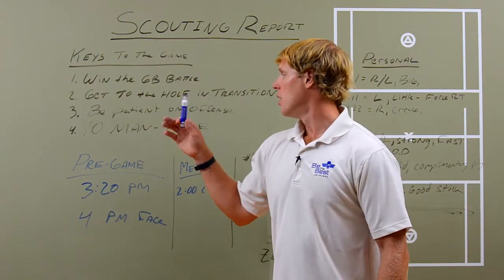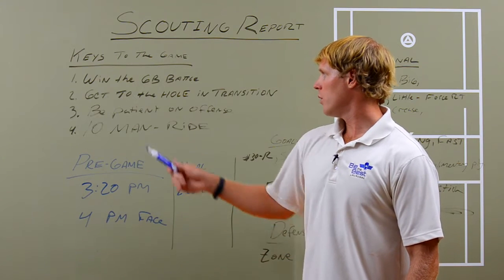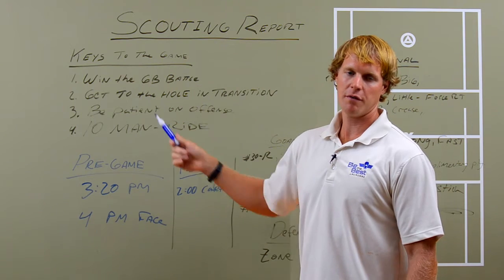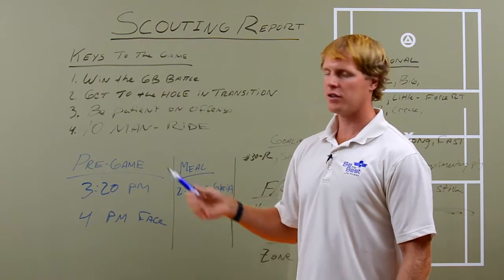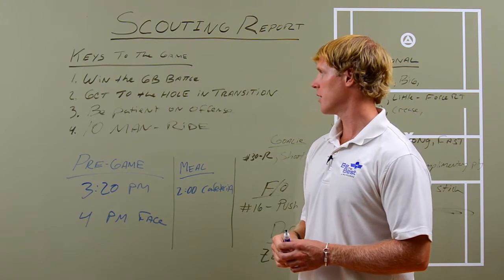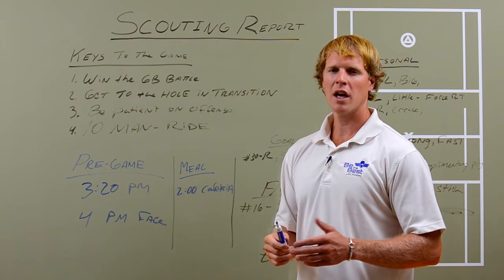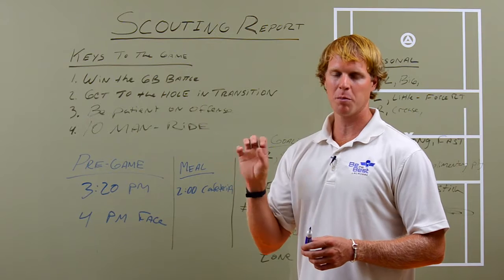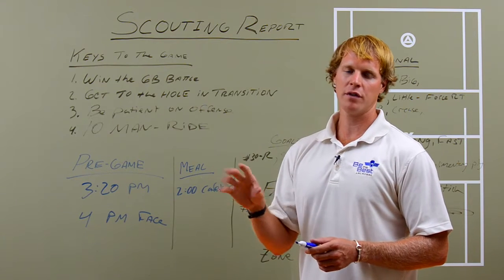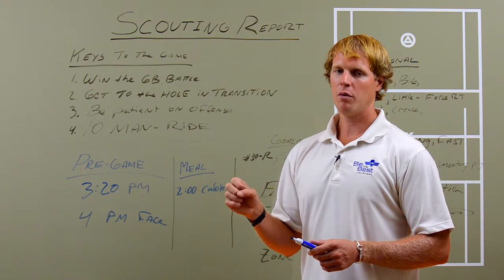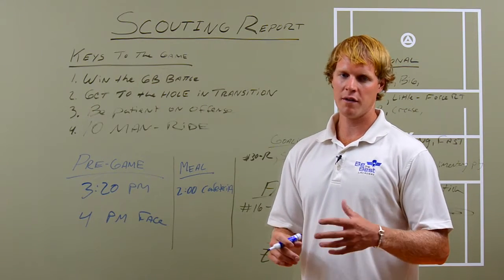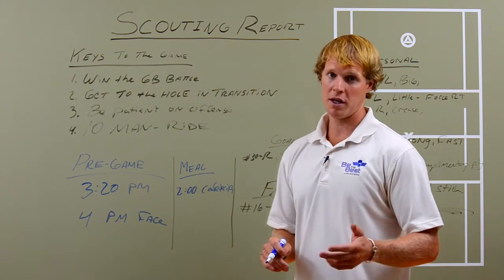I think the best way to present it to your team is to go over the keys to the game first. This is just a made-up game that I'm talking about, but it's similar. We usually want to have 4, 5, 6 keys to the game, the big bullet points, the takeaways for your players to remember when they're going home the night before the game, so they have it in their brain as they get ready to play the next day.